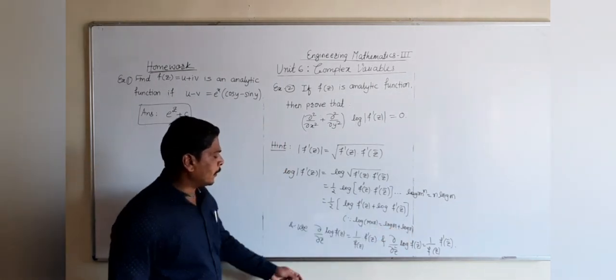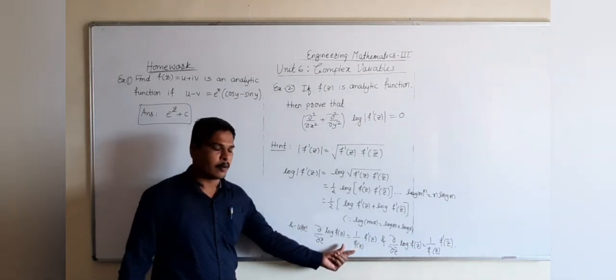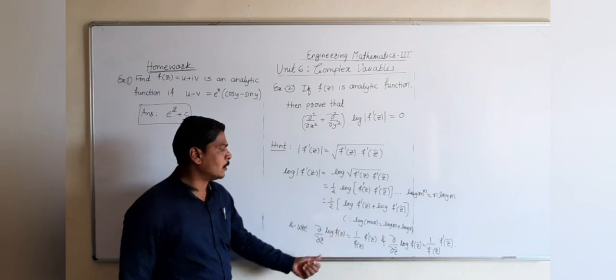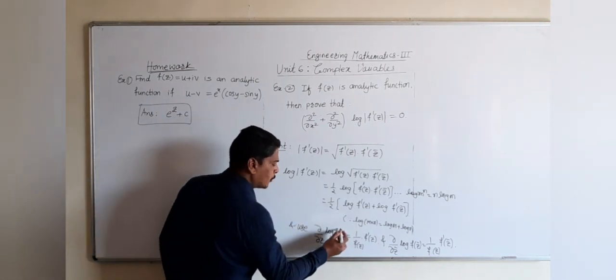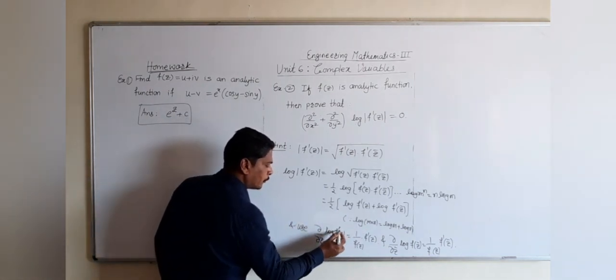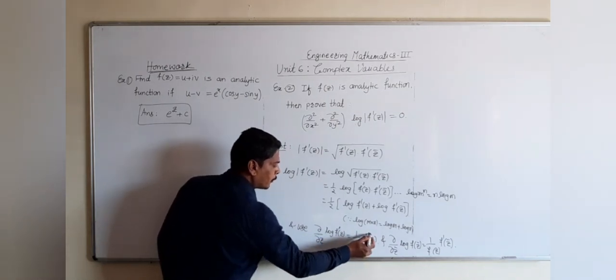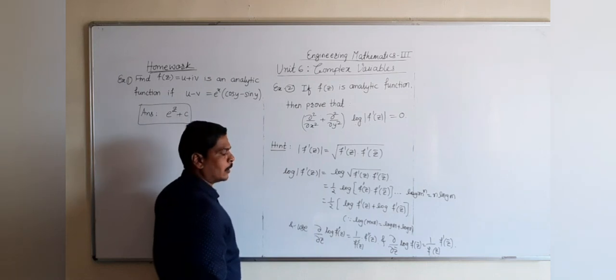And finally, apply this formula of derivative with respect to z of log of f(z). So here function is f'(z). So log of f'(z) becomes 1 upon f'(z) into derivative of f'(z) is f''(z).